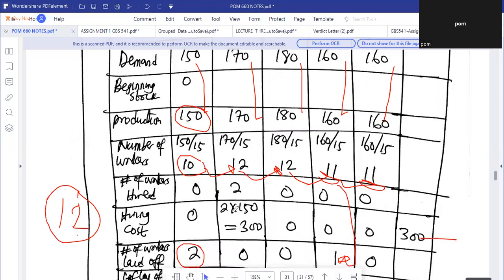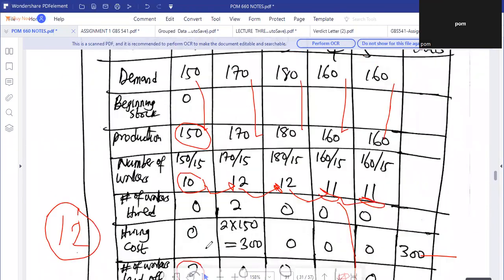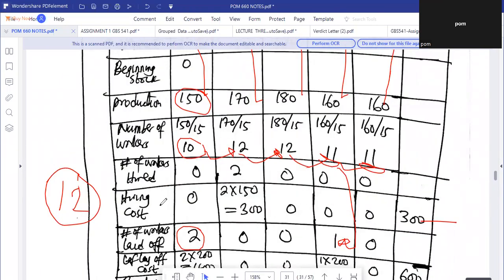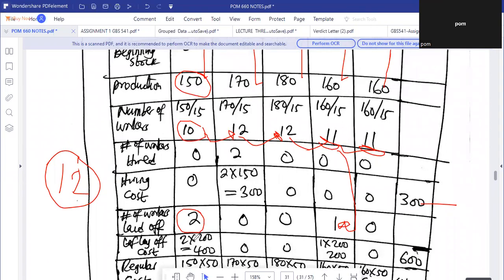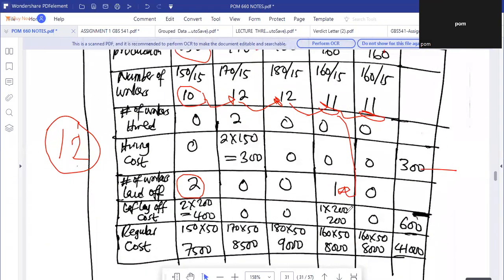Number of workers laid off: for month 1, we laid off 2 because the current was supposed to be 12, so 2 by 200, which is 400. Then in month 4, we also laid off 1, so 400 plus 200 is 600 for the layoff cost.